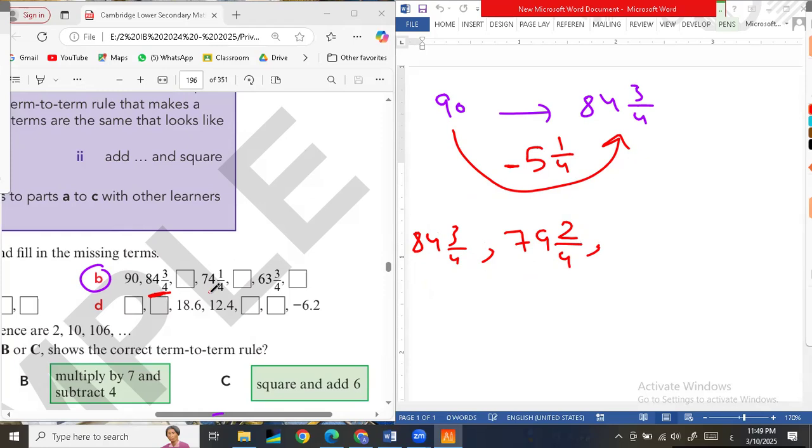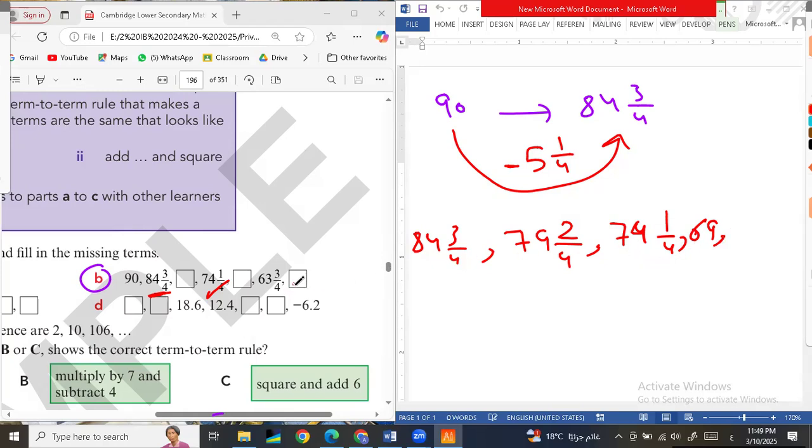Then 74 and 1/4 is given to us. If I want to check that I'm right or not, I took away 5, it became 74. Take away 1/4, it becomes 1/4 over here. Then take away a 5 becomes 69. Take away the quarter becomes just 69, no fraction at all.